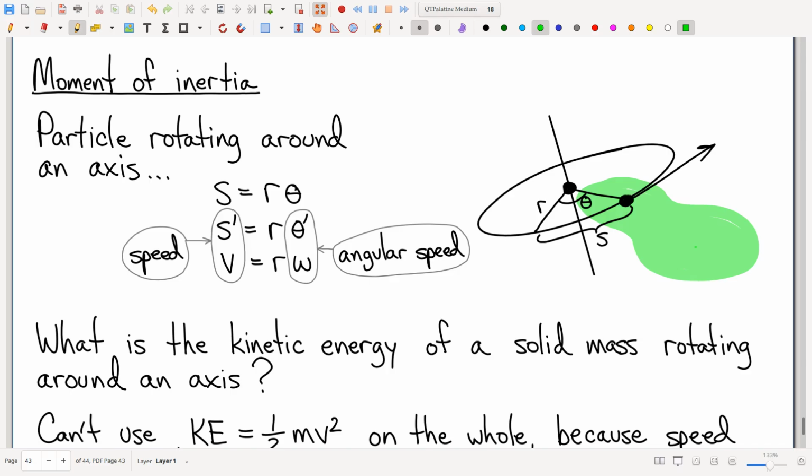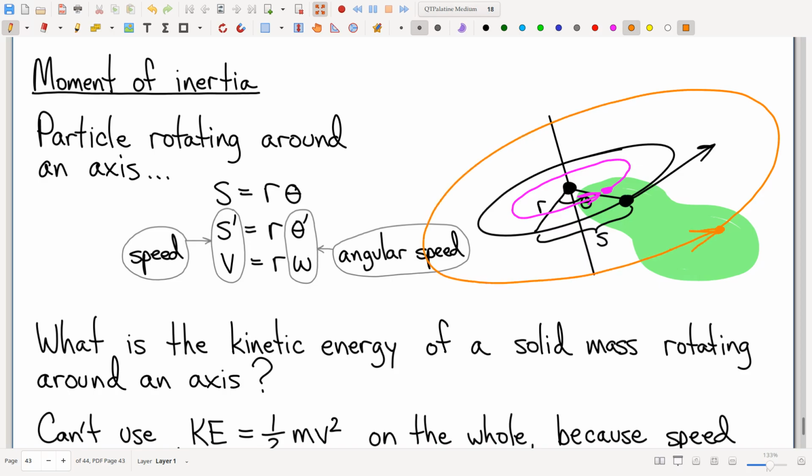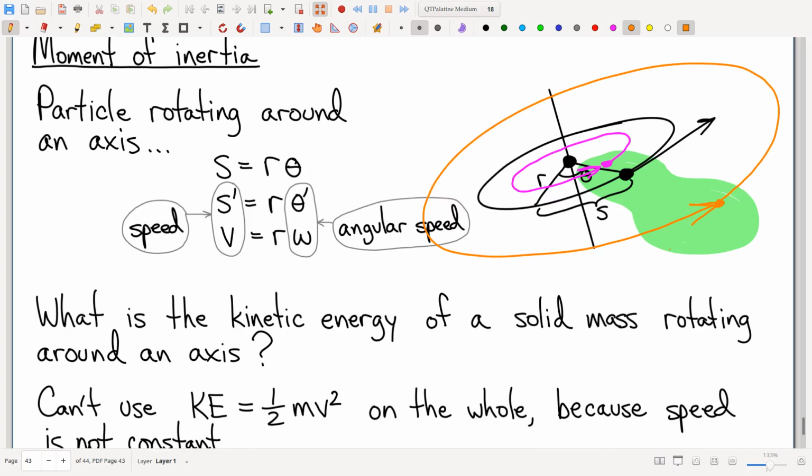And the problem is that if you look at a little piece of mass here, and then you look at another little piece of mass here, in one rotation, however long it takes me to do one rotation, the purple piece of mass only travels that distance, while the orange piece of mass travels a much greater distance in the same amount of time, which means it's moving faster, which means the two speeds are different, and so 1/2 mv squared, what do you mean by speed if the speed varies over the object in question?